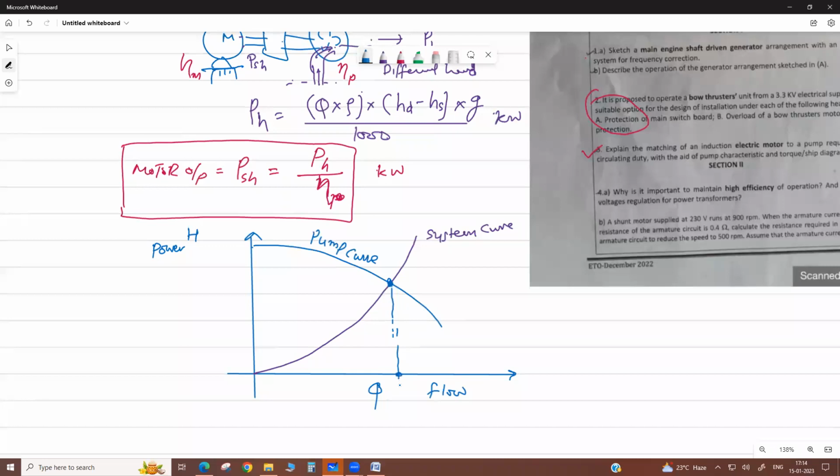Here we select the flow. Then corresponding to that, what is the power? So we see the power here. Power means drawn by the motor or required by the pump. Then we can calculate the power. Please see, I put it in the group. And efficiency, if you see, it is like this.